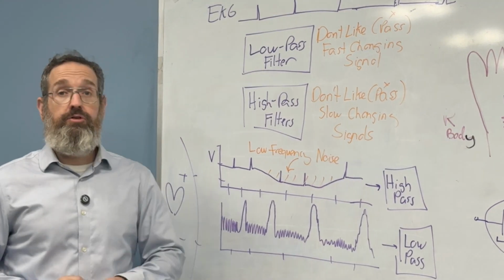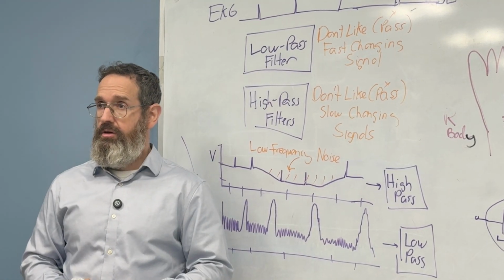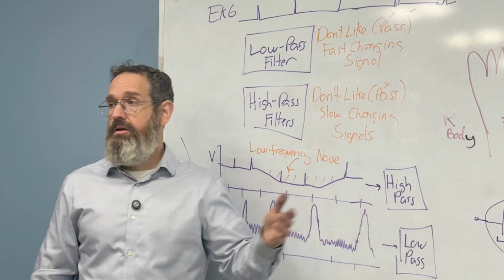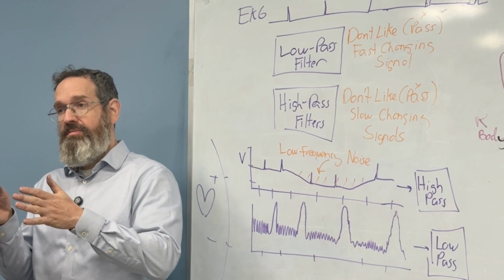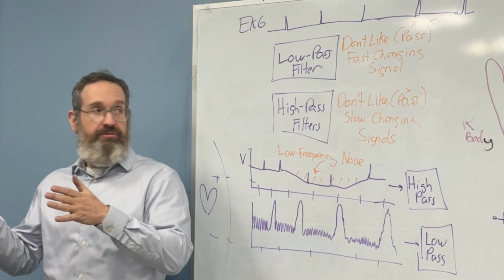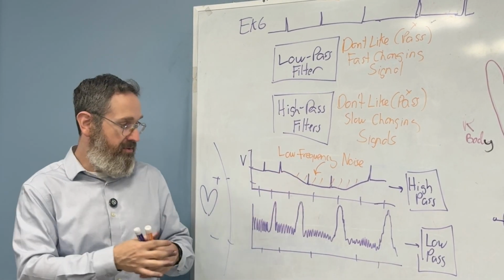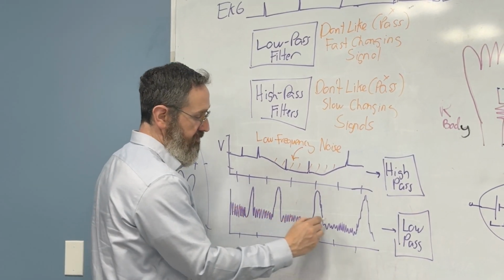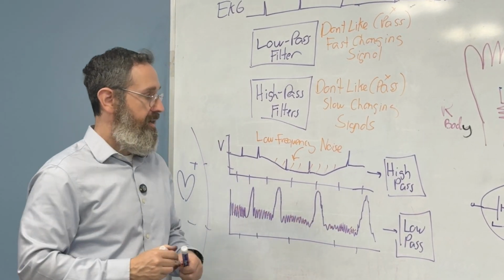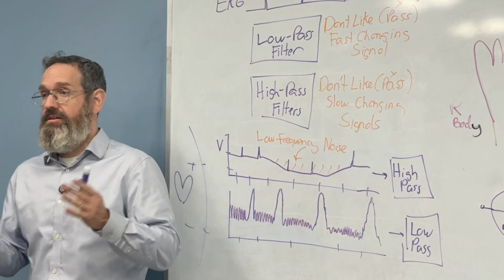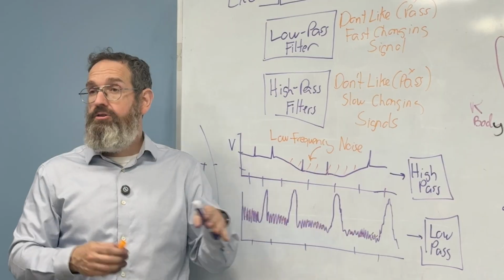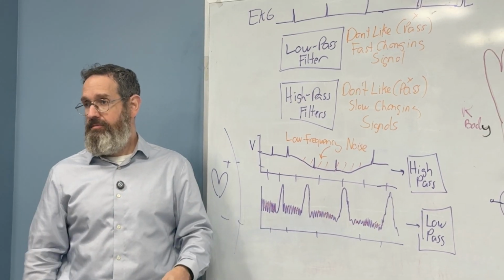It is useful to think of a high pass filter as just like a gate. And if you are a slow moving signal, right, in this case the noise was here. Okay. A high pass filter is like a gate. And if you are a slow moving person, you do not get through the gate.